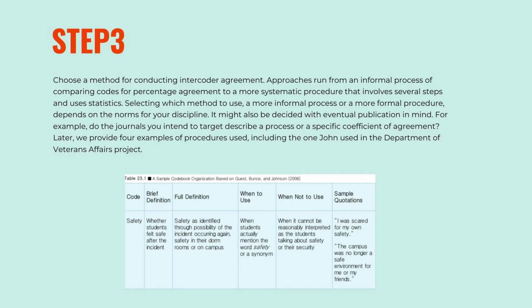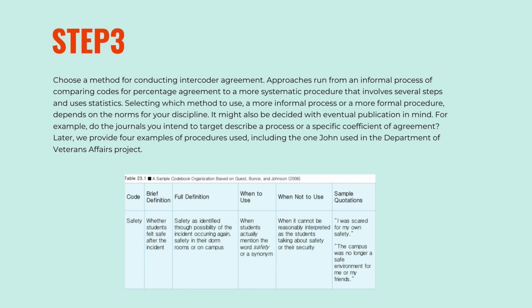Step 3. Choose a method for conducting intercoder agreement. Approaches run from an informal process of comparing codes for a percentage agreement to a more systematic procedure that involves several steps and uses statistics. Selecting whether to use a more informal process or a more formal procedure depends on the norms for your discipline.